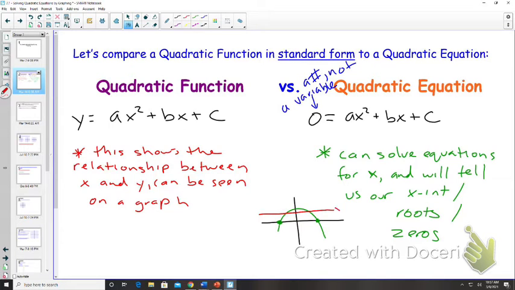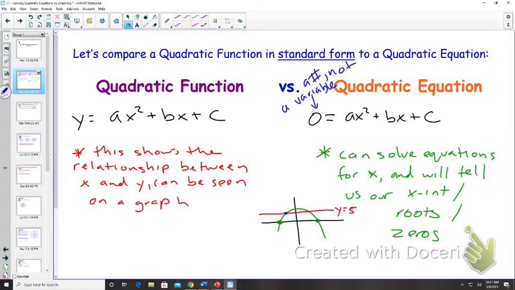And if this was y is equal to 5, we could find an intersection point right here. Questions so far?